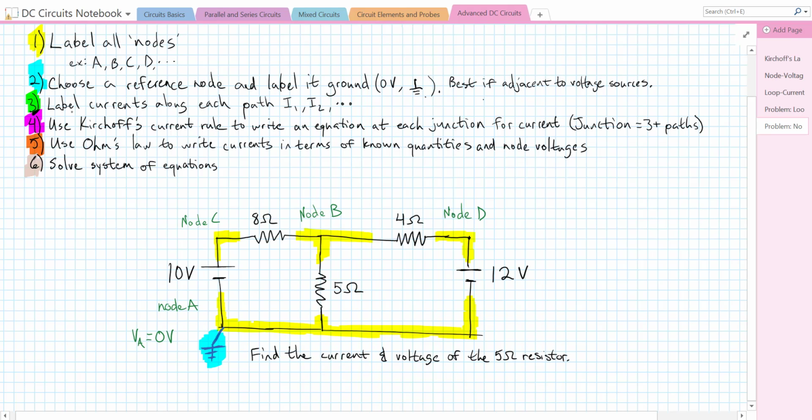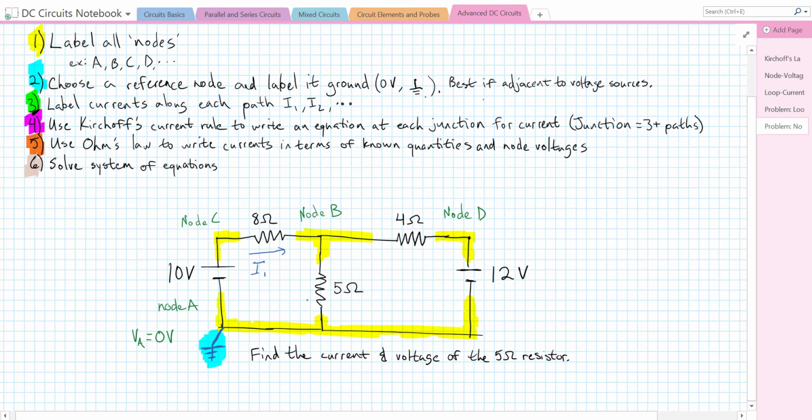Okay, so we need to then label currents along each path, I1, I2, etc. Since we only have 2 nodes that have more than 3 paths attached, node A and node B, I'm only going to label the currents going into node B. So I'm going to label this I1.